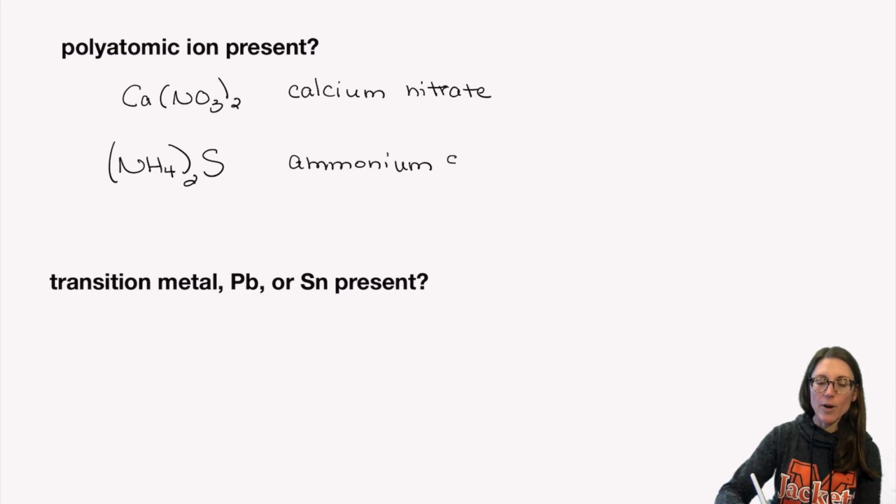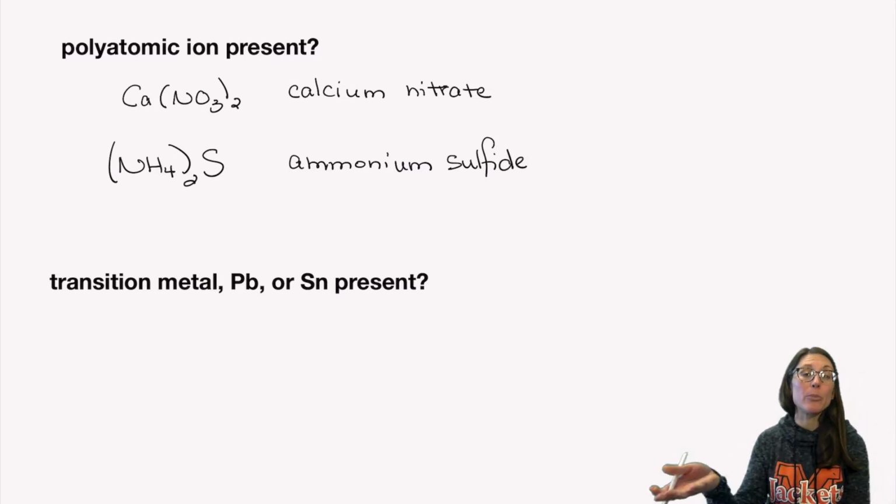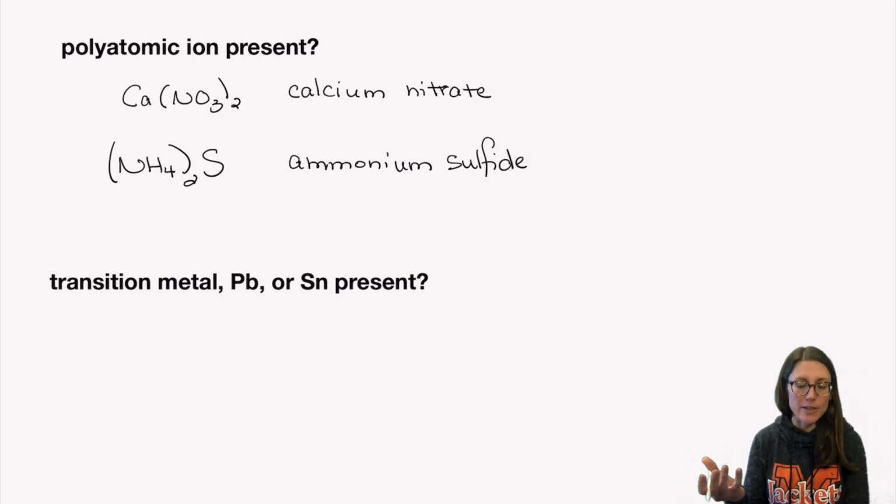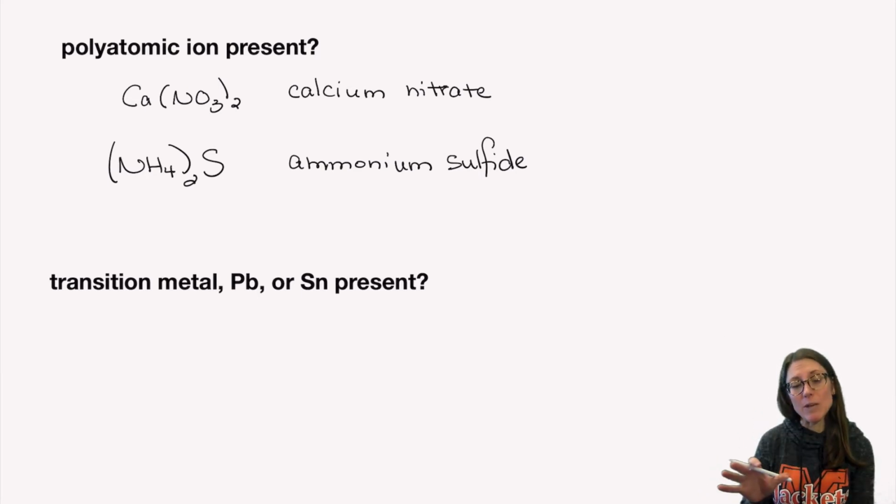So if you have a polyatomic ion, you just use its name in place of whatever part of the name would not be there. Please note, and please remember, when we're naming things, you do not include the subscripts for ionic compounds. You can figure those out based on what the elements are.